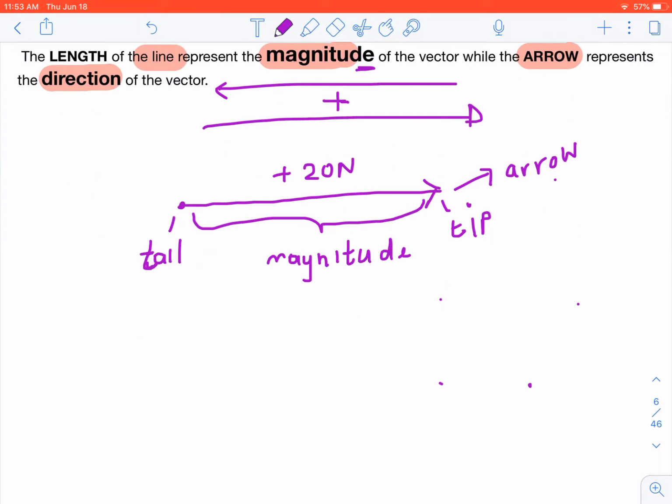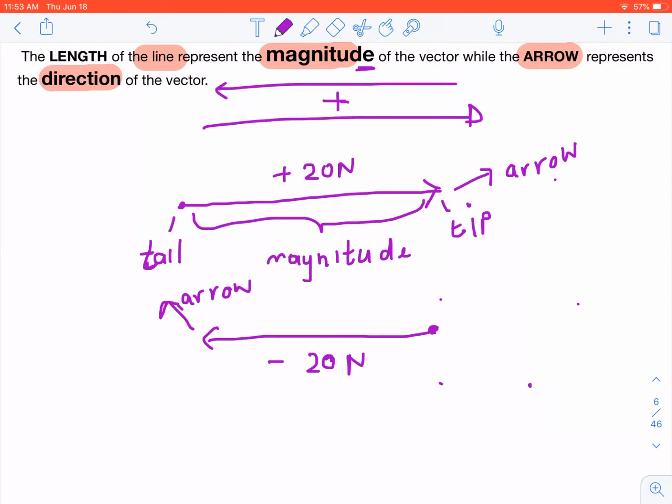If we had the same force with the same magnitude, and that's my starting point, this is my arrow here, and it's the same magnitude, that means the length has to be the same. The only thing is the direction is different, so this here would be minus 20 newtons.